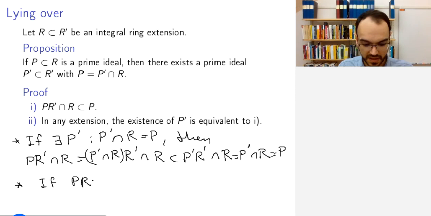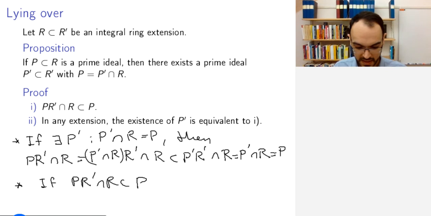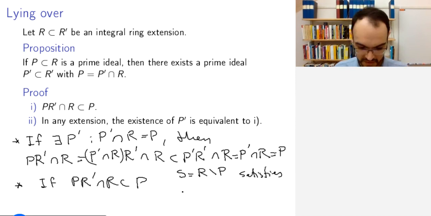In the other direction, if PR prime intersect R sits inside P, then we look into localization. So we consider the set S when we want to localize with respect to the prime ideal P. The set S of elements not lying in P satisfies the following condition: when we look at PR prime intersect S, it is empty.